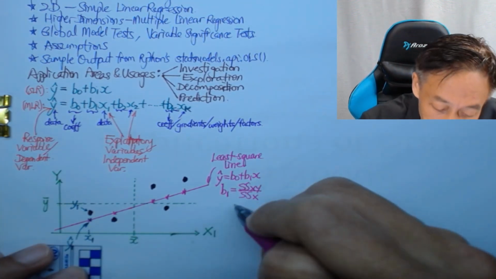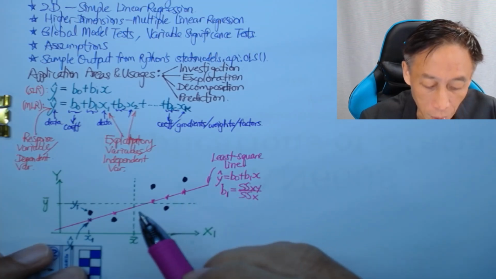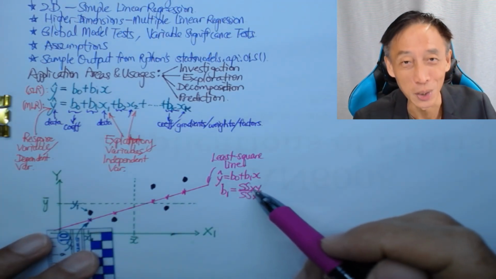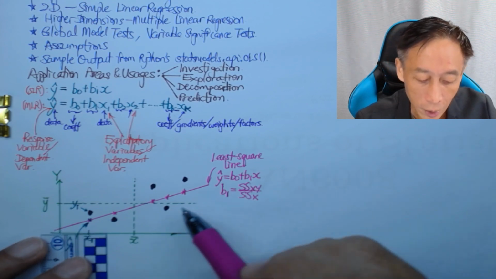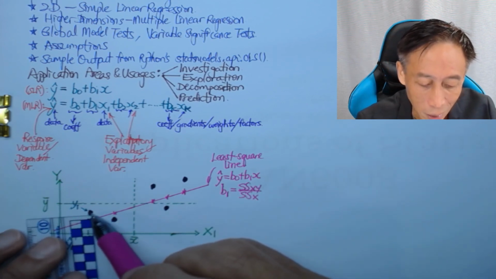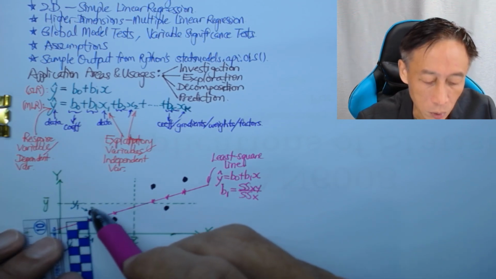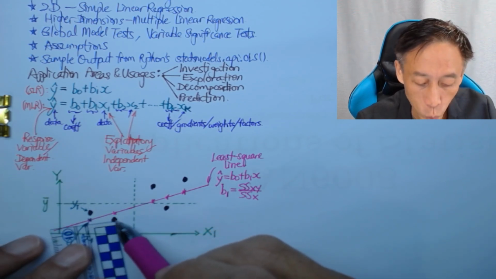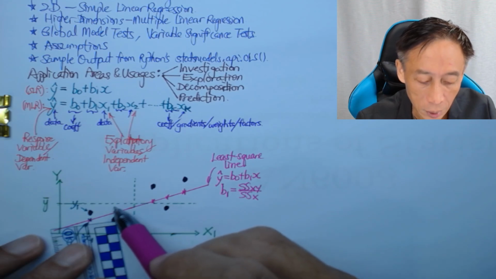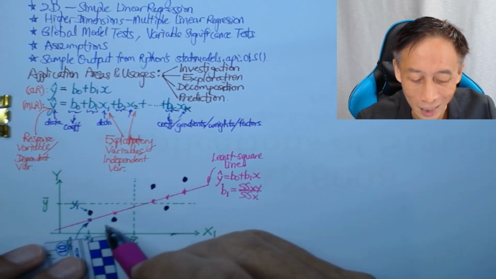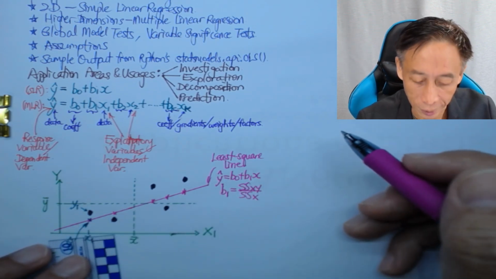Right, and then ssxy will be the sum of products. I guess you don't call it square, but the sum of products of each point's x minus x bar times y1 minus y bar, x2 minus x bar times y2 minus y bar. Right. So that's ssxy. You add up all the areas of the rectangles.